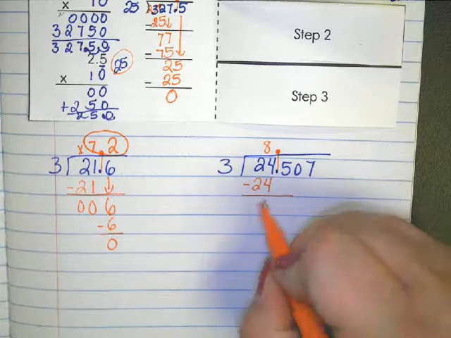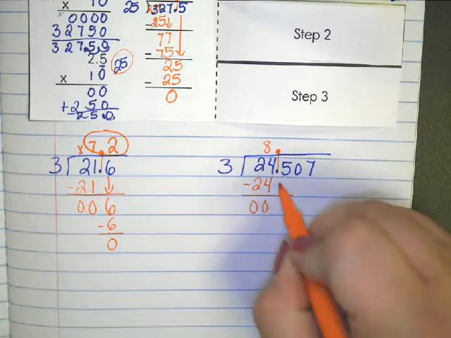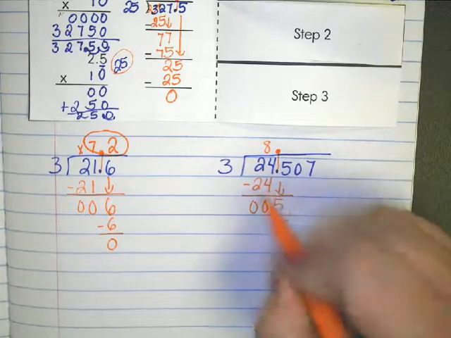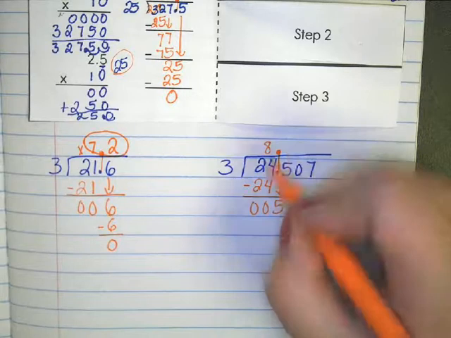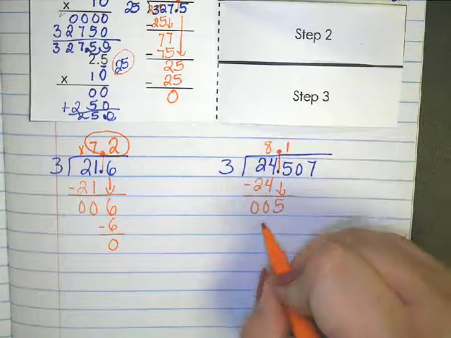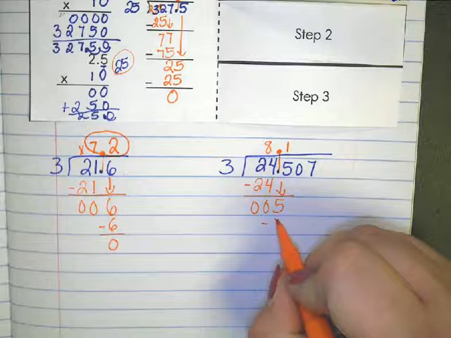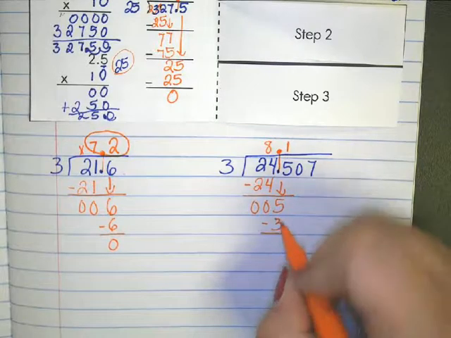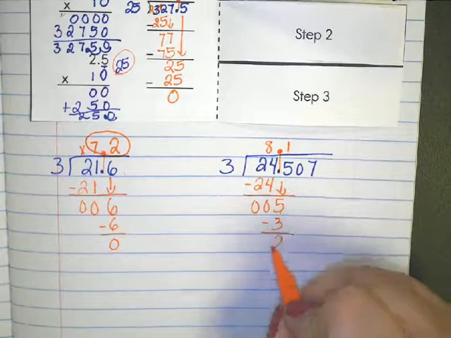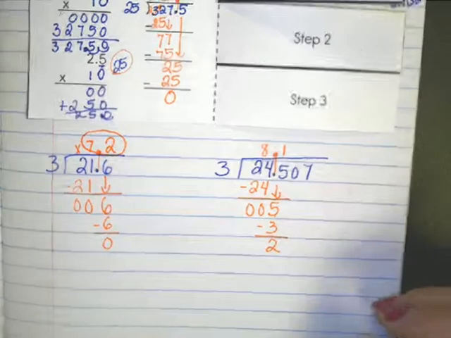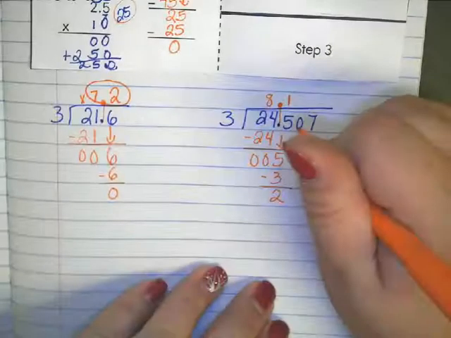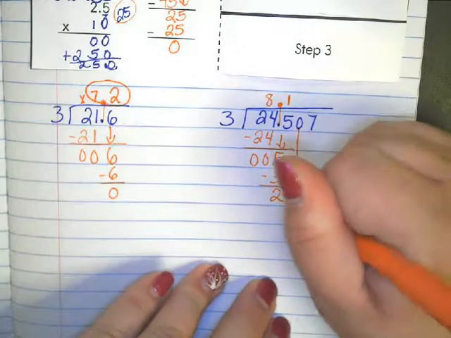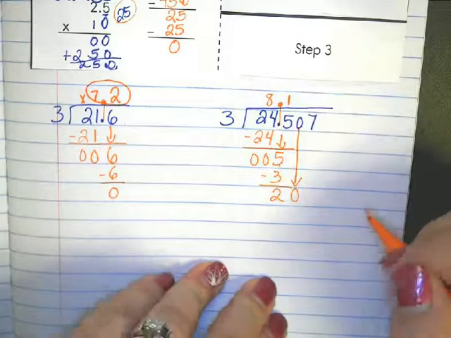So 3 goes into 5 1 time, which gives me 3. 5 minus 3 gives me 2. You were a step ahead, Cassidy. Bring down my 0. Where'd you get a 4 from? 3 goes into 20.